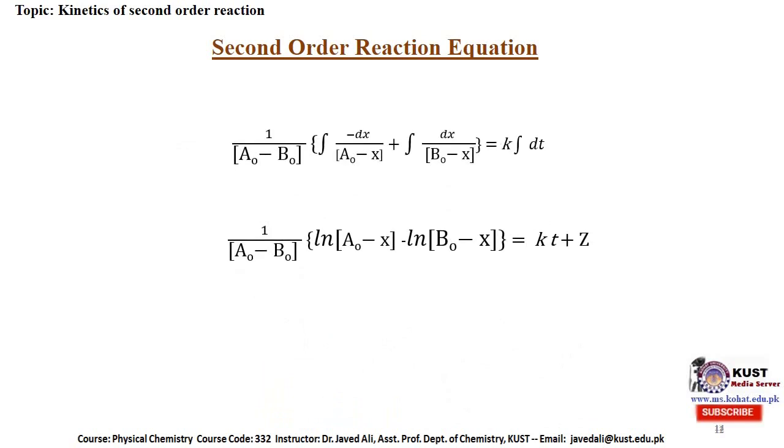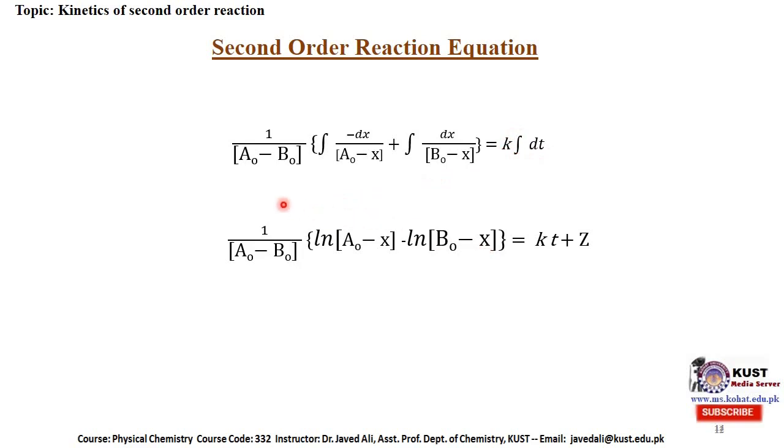Now to solve this equation, take integration of both sides. By taking integration, the equation becomes 1 divided by (a₀ − b₀) into integration of minus dx divided by (a₀ − x) plus integration of dx divided by (b₀ − x) is equal to integration of k dt. K is constant, so we can take k out from the integration, and k integration dt.